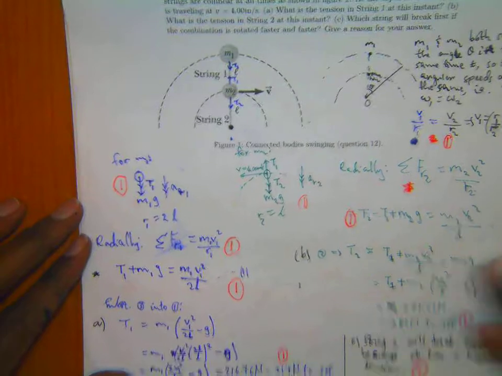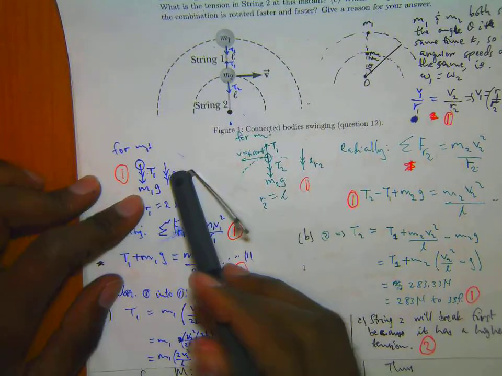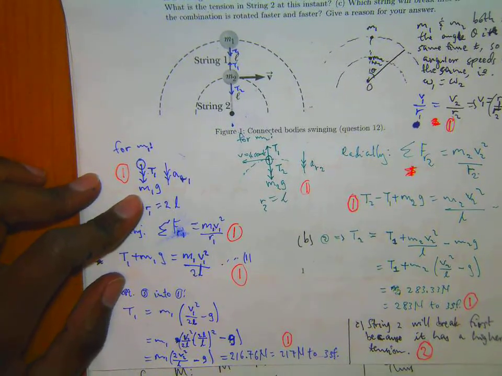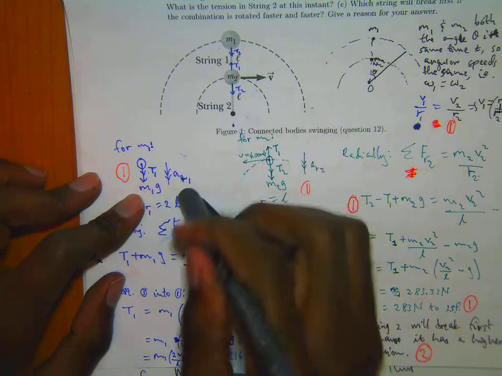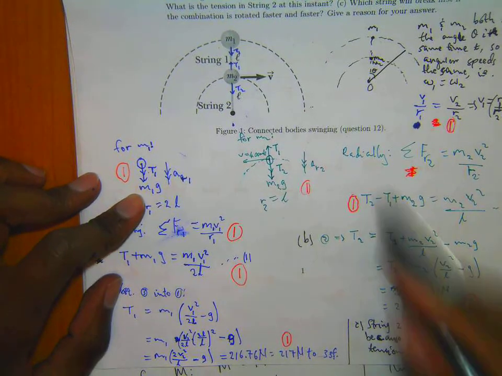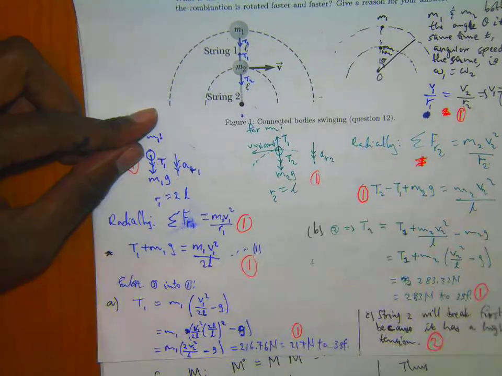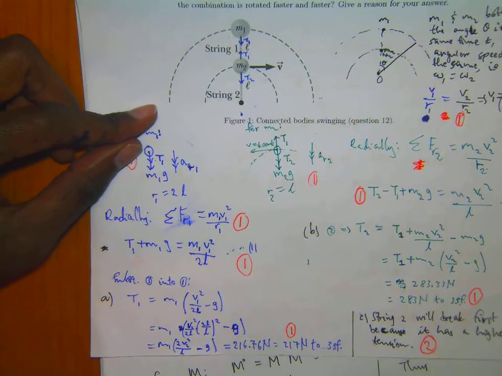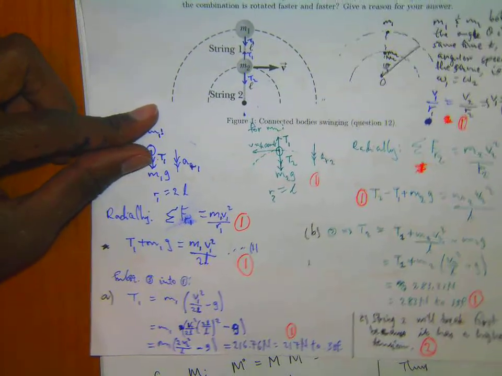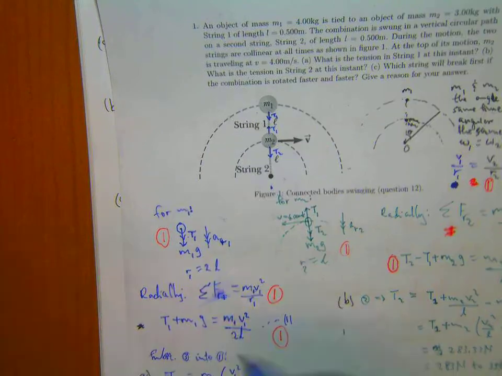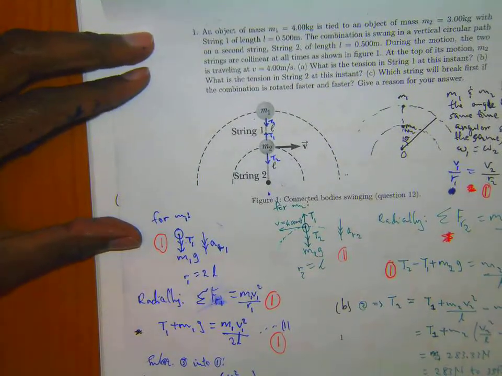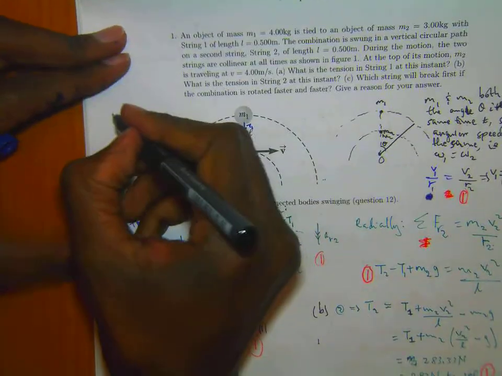But I noticed someone move from a free body diagram to an equation. So let's move from the free body diagram to the equation. For each, you can write an equation, and the law you're going to use is Newton's second law of motion.